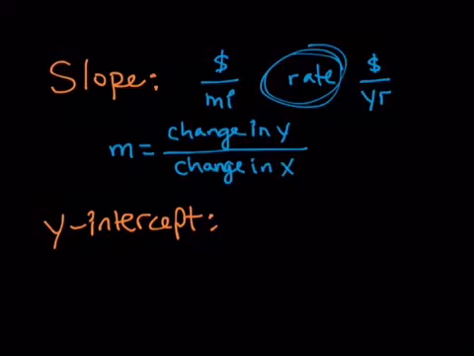So this is a rate which describes the change in y compared to the change in x. The units for slope are always going to be something per something, or whatever the units for y are divided by the units for x.